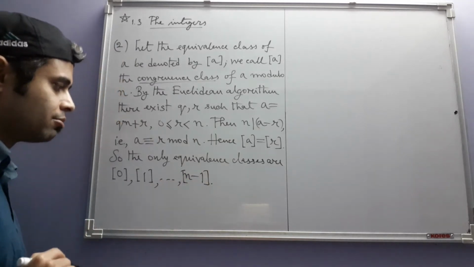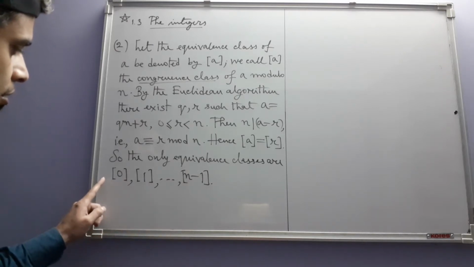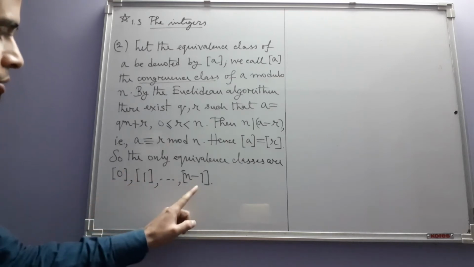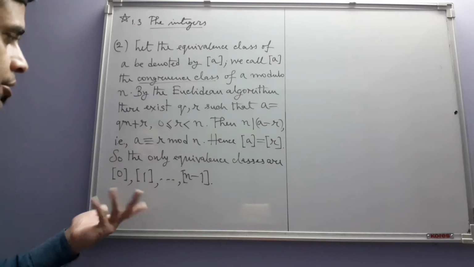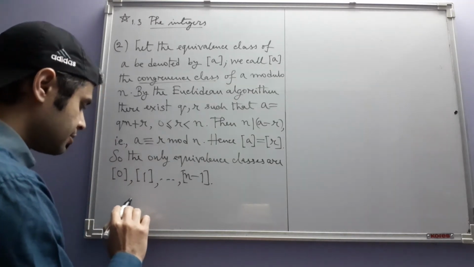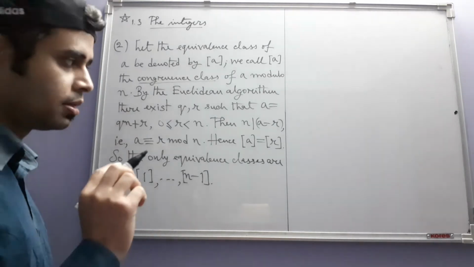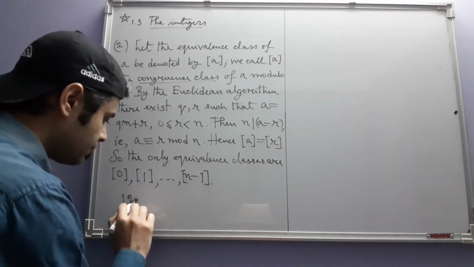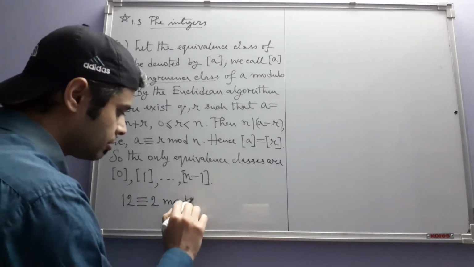Now, as of now, we don't know whether these are distinct. In fact, we can see that there are n symbols here, starting from 0 to n minus 1. But they may not be distinct, because we have already said something along these lines. For example, if we are considering the modulus 10, then we have 12 is congruent to 2 mod 10.